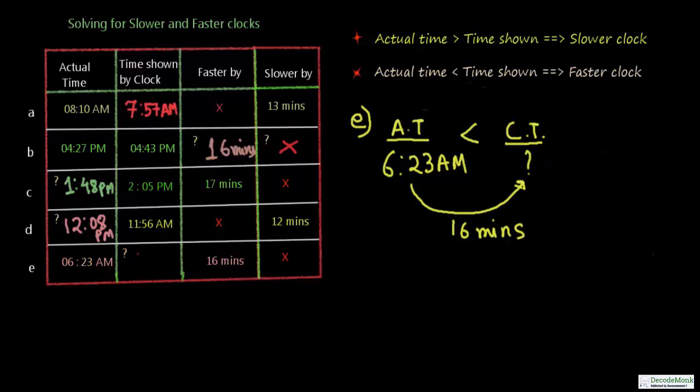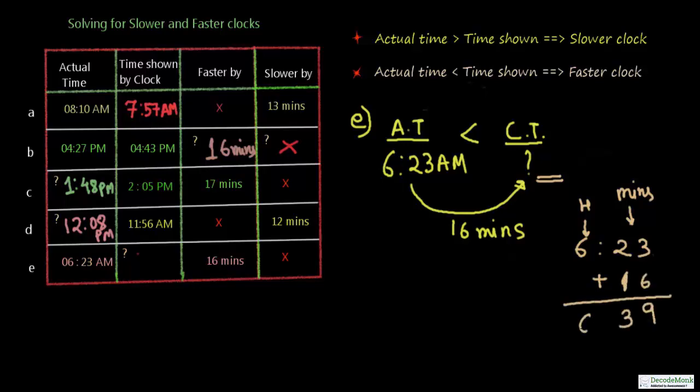So from 6:23 you have to jump forward 16 minutes to arrive at the clock time, or the time shown by the clock. So in 6:23, this indicates the hours, this indicates the minutes. So it's advancing 16 minutes, so we will add 16 to the given minutes. It's 6:39.